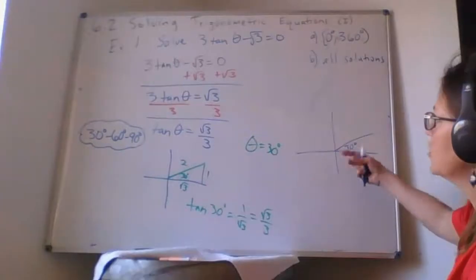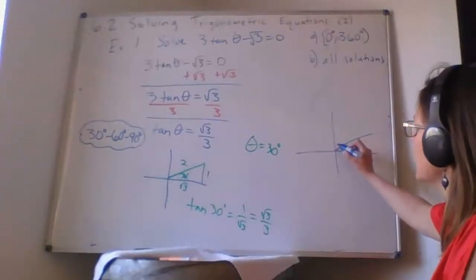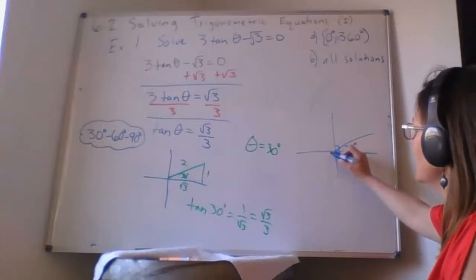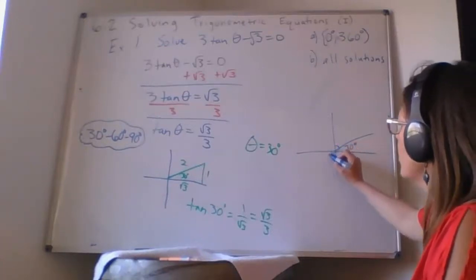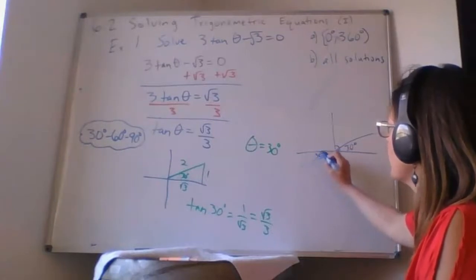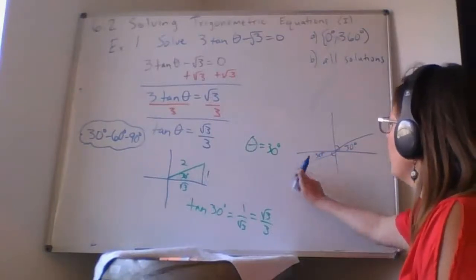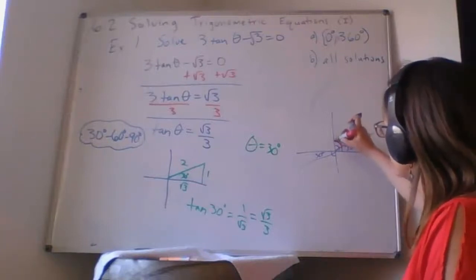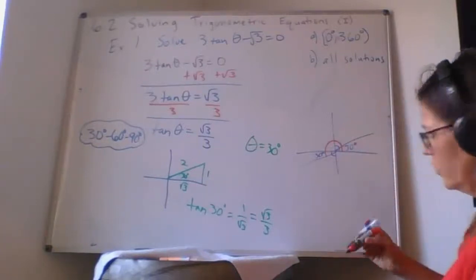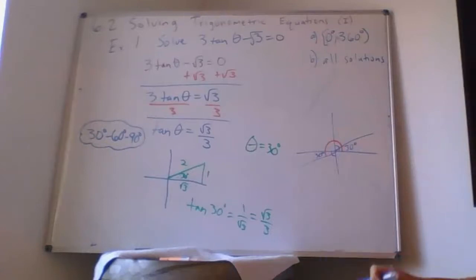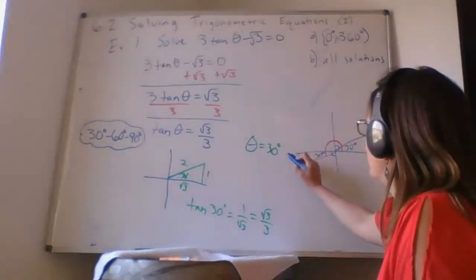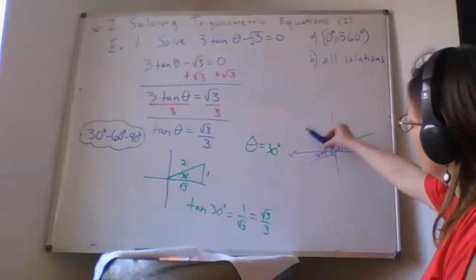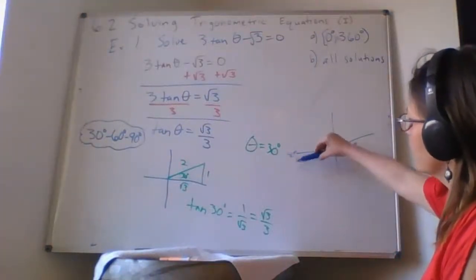We know we should expect two solutions because tangent is positive in quadrants 1 and 3. But we already know our reference angle must be 30 degrees. So we need to find this overall angle from 0 all the way to our desired angle in quadrant 3. Since this is 180 degrees, to find this angle, we have to go to 180 plus 30 degrees more.